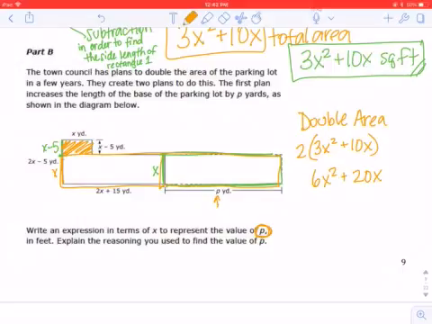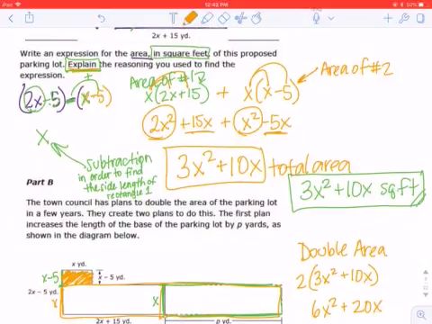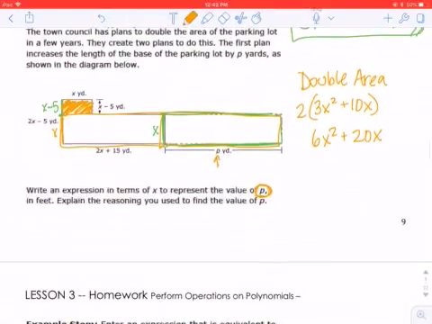So I'm going to take away this section here. That orange section, remember, we calculated was x squared minus 5x. So we're going to subtract x squared minus 5x.